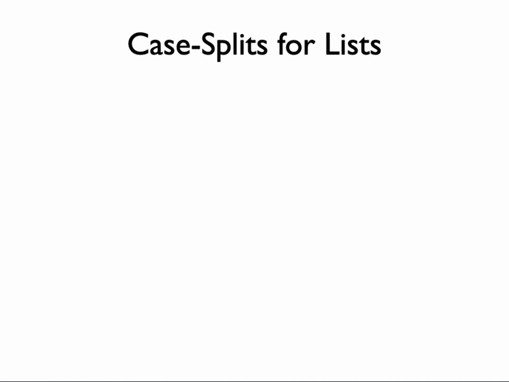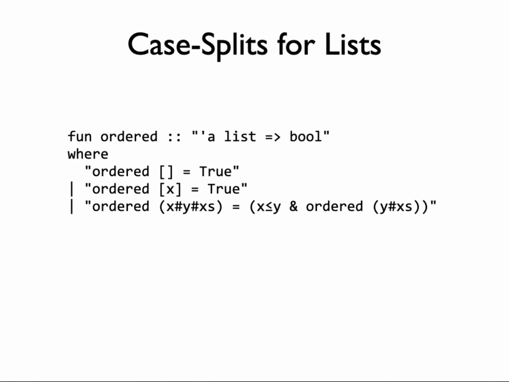So here we have the example of list, and this is actually the rest of the proof. I told you I was going to give you a correctness proof for merge sort, and this will be the rest of the correctness proof.